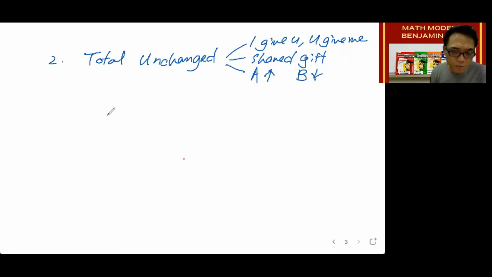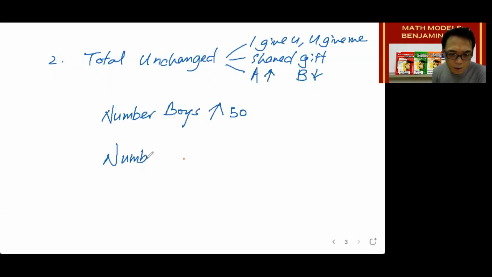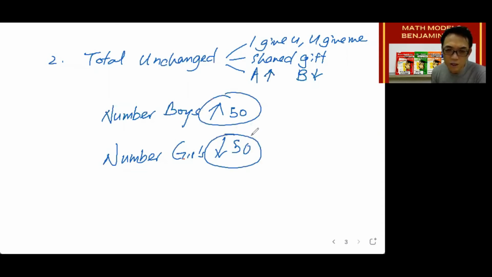So for example, taking our previous example of boys and girls, if the number of boys was to increase by 50 in a hall, and the number of girls will decrease by 50 within the hall, then this increase of 50 will offset the decrease of 50, meaning to say that the ratio remains the same.